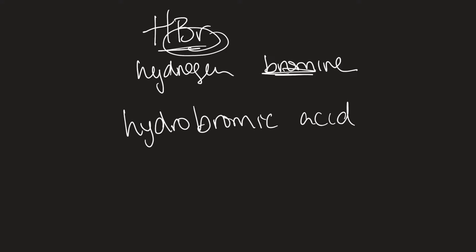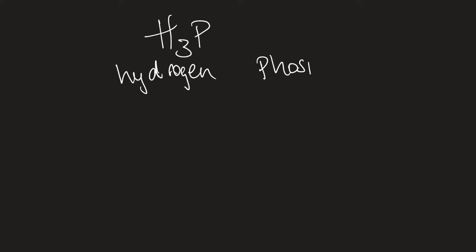All right. Let's look at another example. Let's say, oh look, H3P. It consists of hydrogen and the element phosphorus. And so in this case, we have hydro, because that's your prefix that you always use. We'll use the root of phosphorus, which typically is phos.